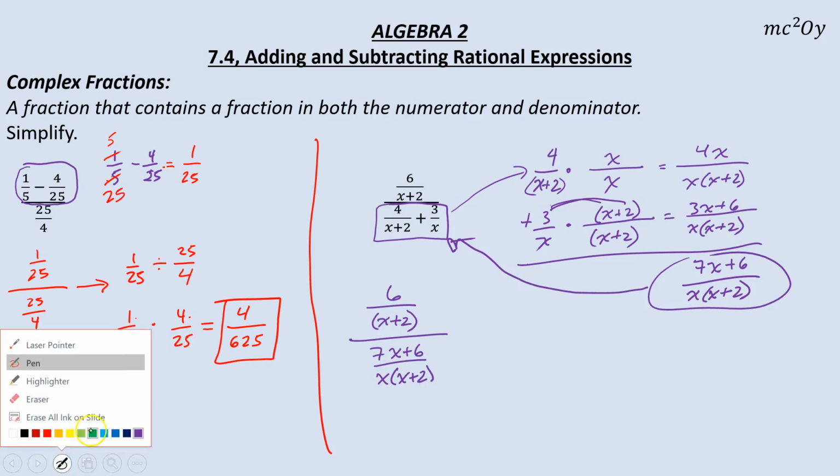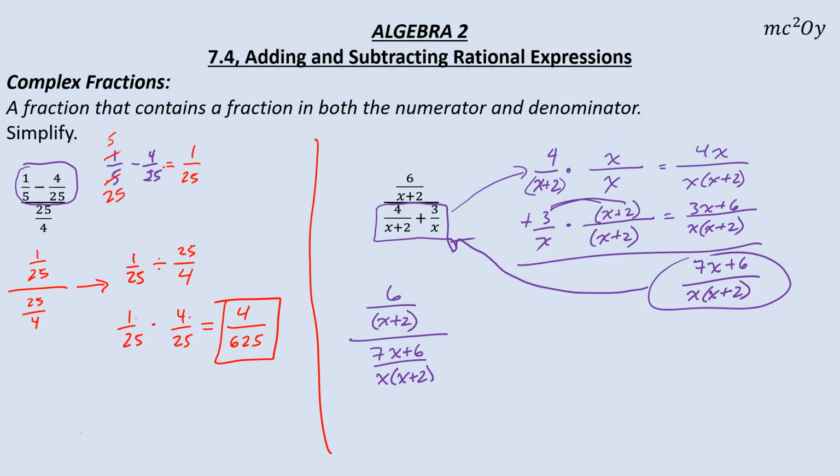All right, well that problem we're going to rewrite as 6 over x plus 2 divided by 7x plus 6 over x times x plus 2. And remember, we don't divide, we multiply by the reciprocal.